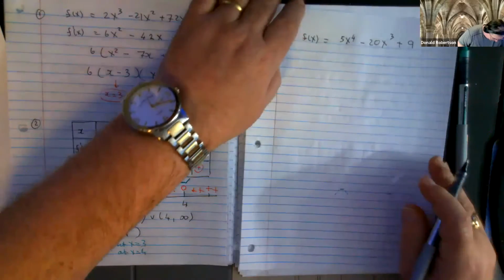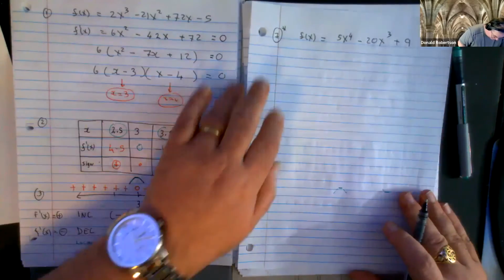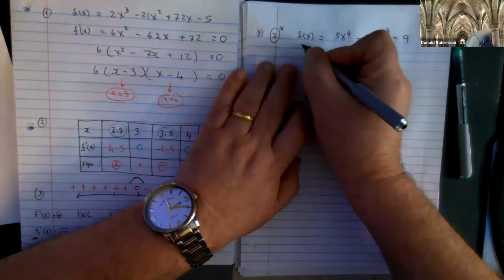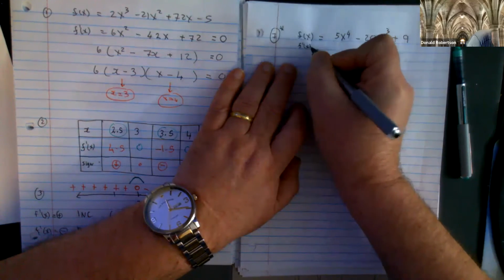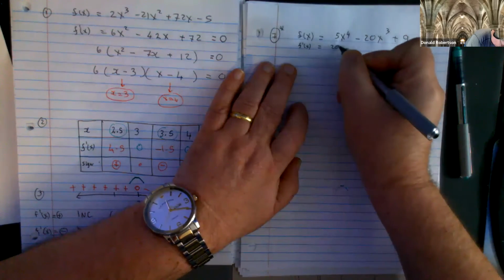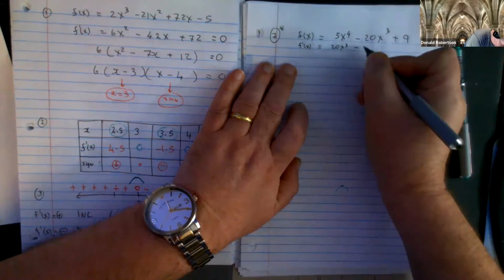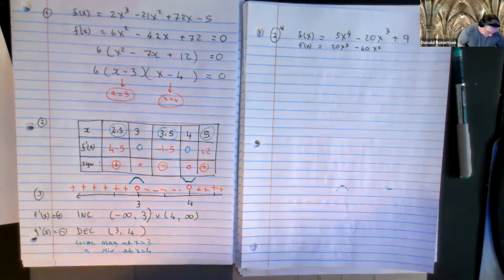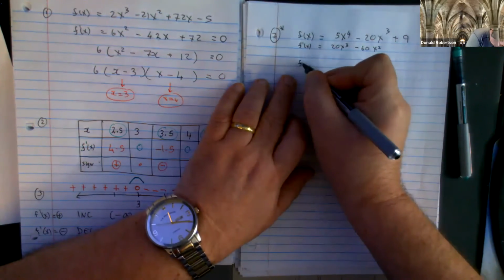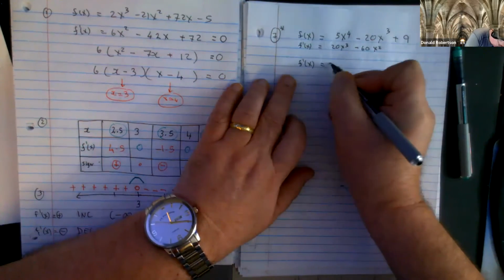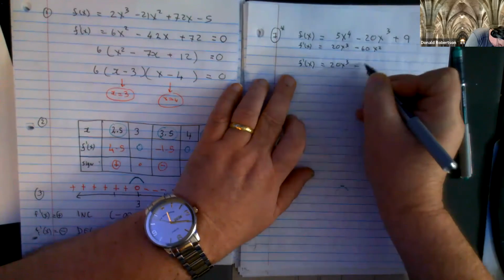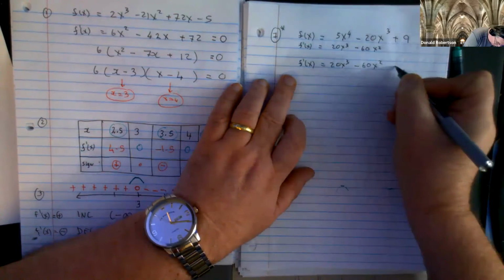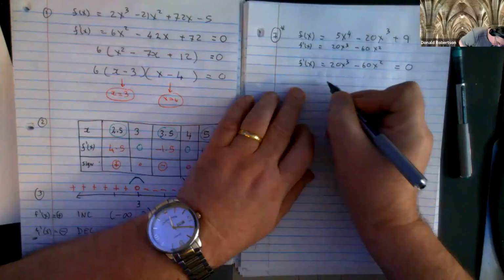So I'm going to differentiate and find critical numbers. If I differentiate this function, power rule, 20x cubed, take away 60x squared. Critical numbers then: when is this thing going to be 0?